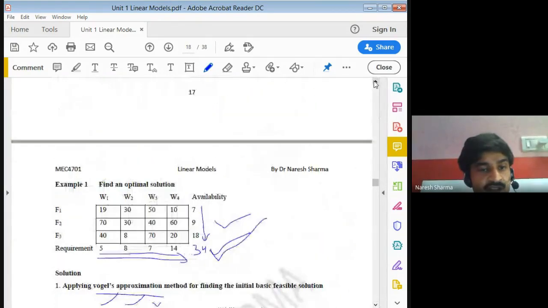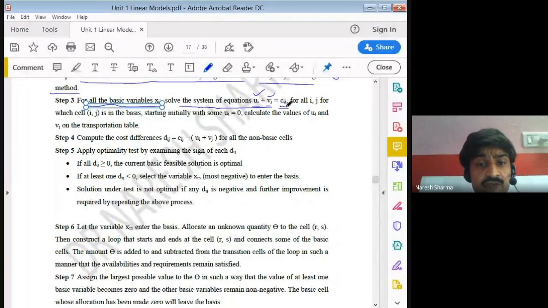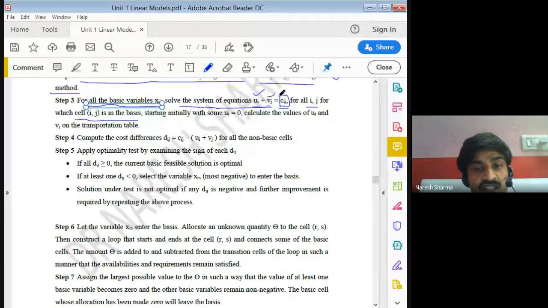So in step 3, we solve the system of equations where u plus v is equal to Cij. That means we choose u and v like that: if we add u and v, we get the value Cij, which is the cost of the same cell ij, for which location ij is in the basis. We do this calculation of u and v for the basis.